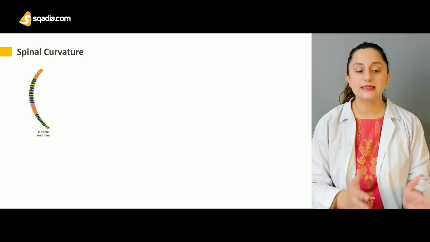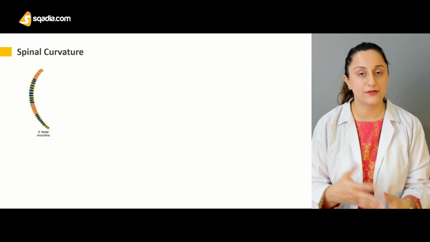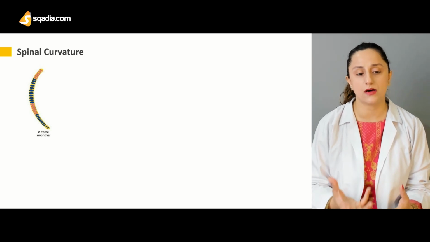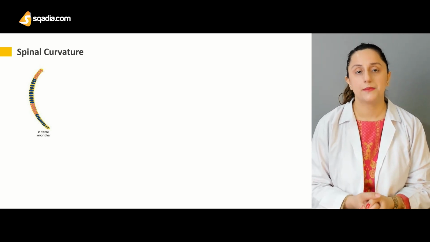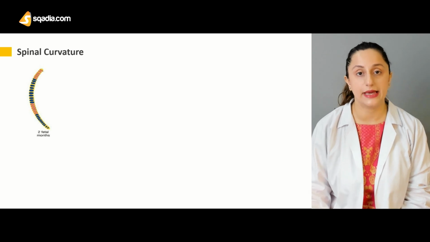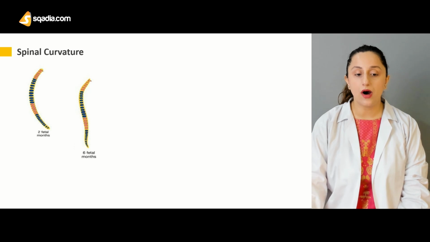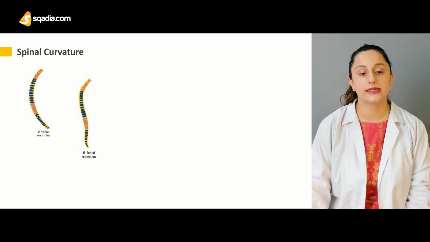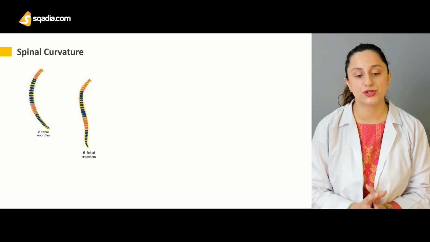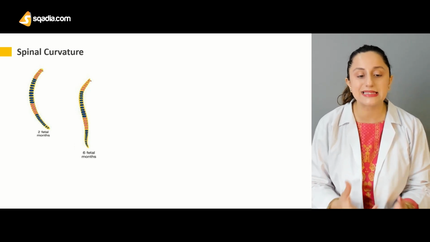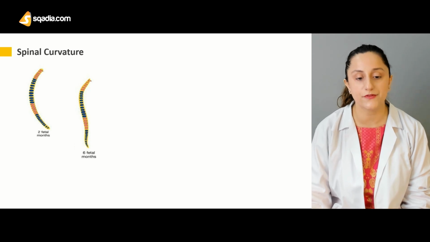So this is how it evolves right from the start, at almost 2 months of the fetal period. There is a primary curvature that is present in the embryonic life. Then moving on, a slight curvature starts to form right from almost 6 months of embryonic life.